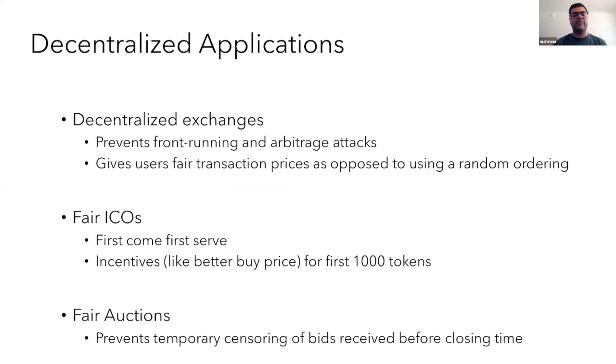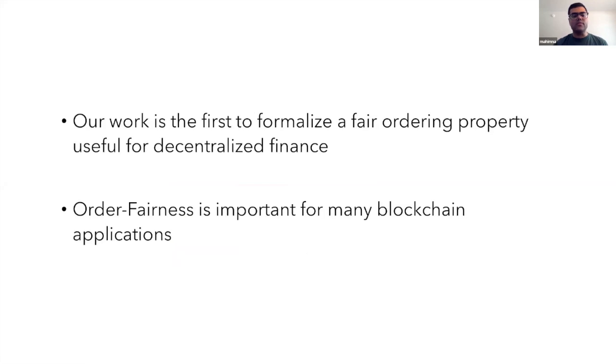You can also use it in fair auctions to prevent temporary censoring of bids received before closing time. So our work is the first to formalize a fair ordering property that's useful for decentralized finance. And order fairness is really important for a lot of blockchain applications, and we're really starting to just scratch the surface right now.